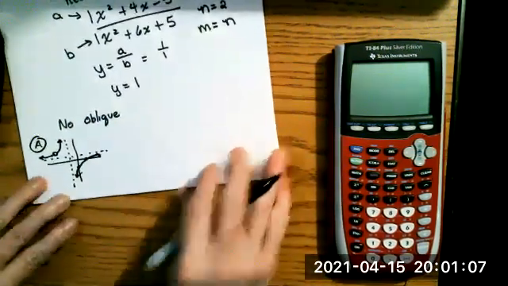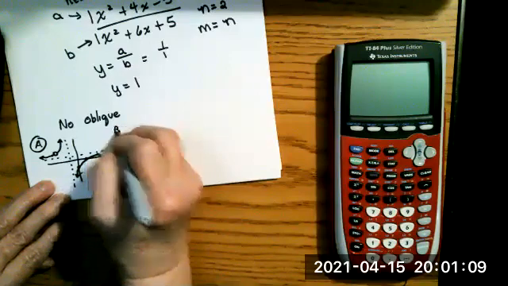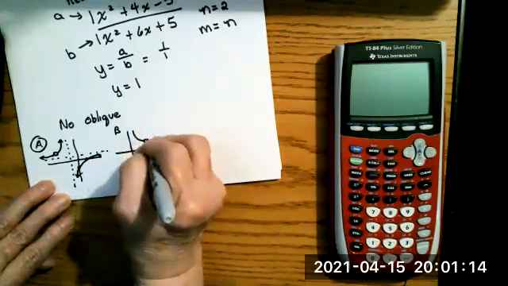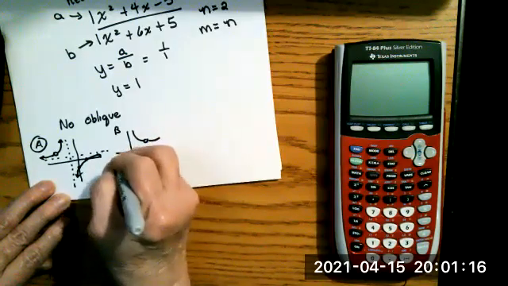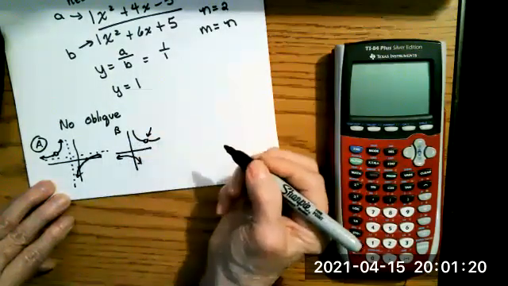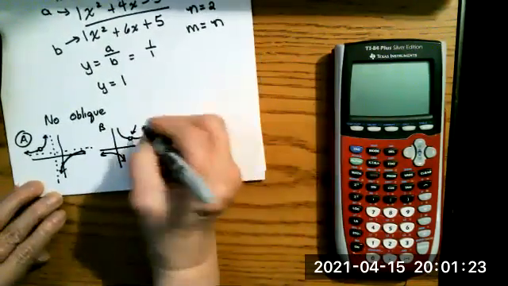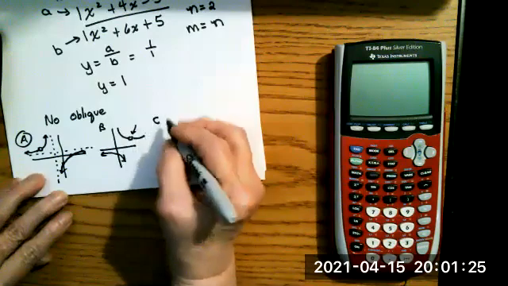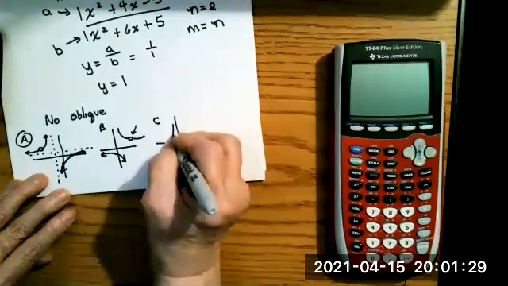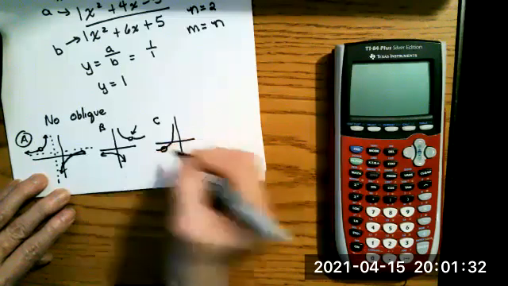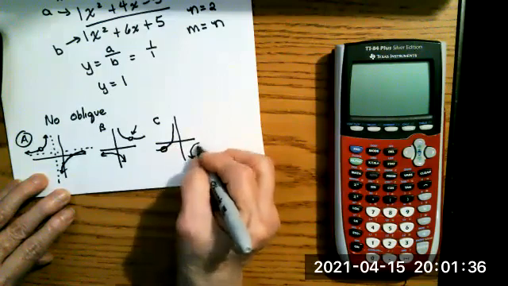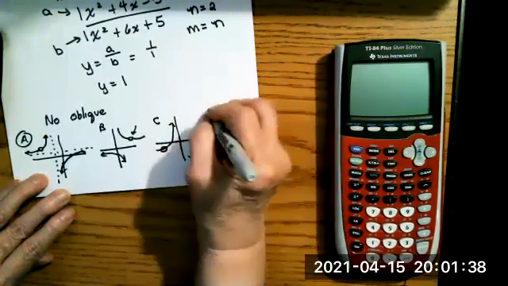So A is going to be your answer. But let me tell you what the others look like. B has the hole in the graph over here, which keeps it from being the right one. See the holes over here? So the hole in the graph is the secret on knowing which graph this one is. This one has a hole in the graph, but the hole in the graph is down here, right there. And it looks like this, so it's not the right picture anyway.